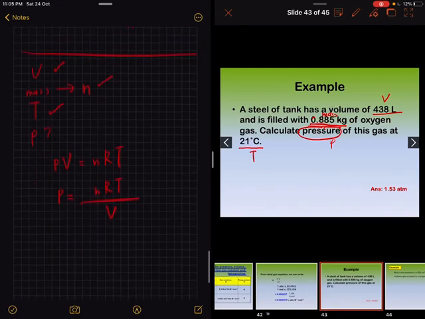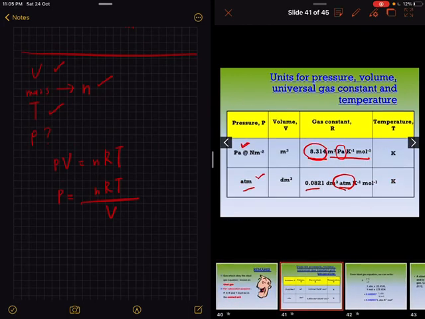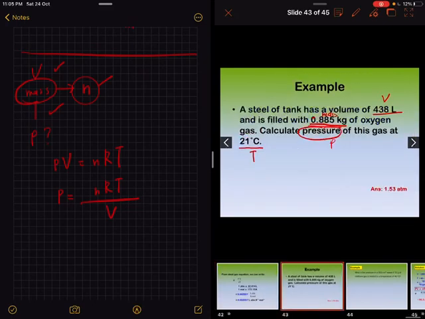From this question, we can find the number of moles. From where? From the mass. So from the mass, find the number of moles of the oxygen gas. Then you may insert into this formula. R is the gas constant.